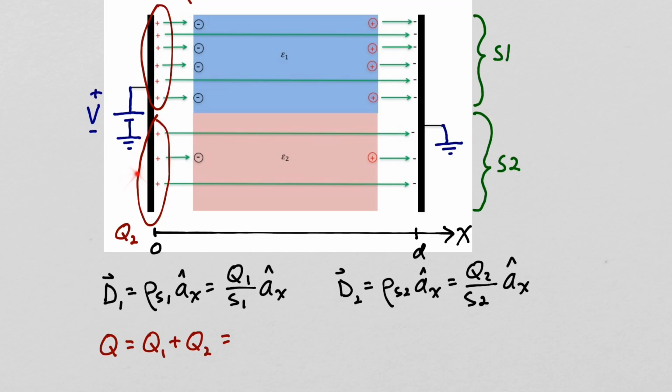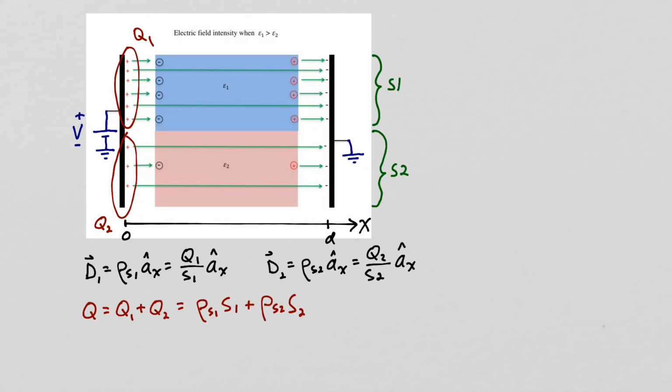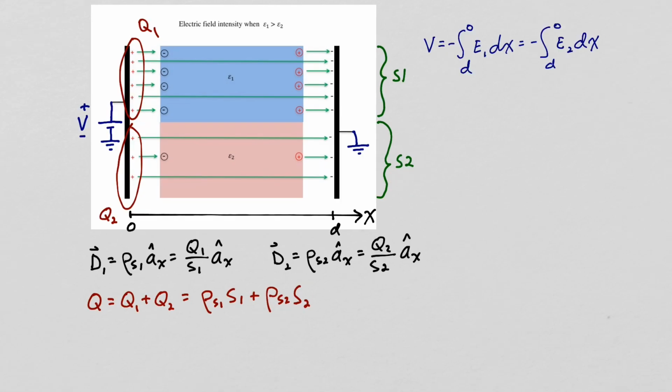Q1 is charge density rho sub S1 times area S1, and Q sub 2 is charge density rho sub S2 times area S2. The voltage drop is equal to minus the integral from d to 0 of E1 dx if you're going through material 1, E2 dx if you're going through material 2, and we know those both have to give us the voltage we're applying to our capacitor.